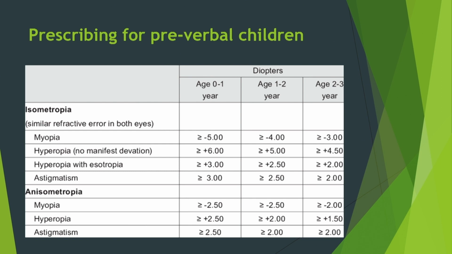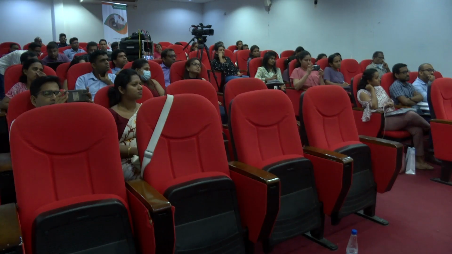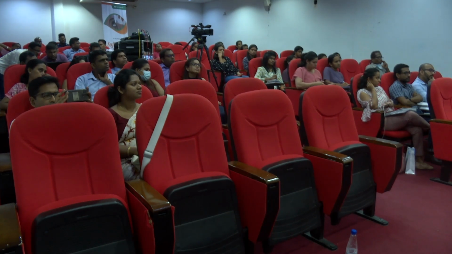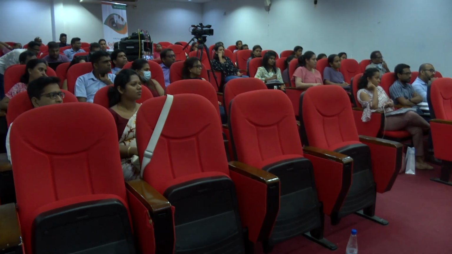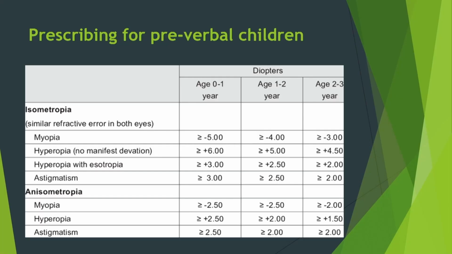Why do you think? Can anybody give an answer? Because their working distance is shorter. They don't see far, right? When they are small, their working area is very short. So that is the reason. But if it is more than 5, you have to correct, right?